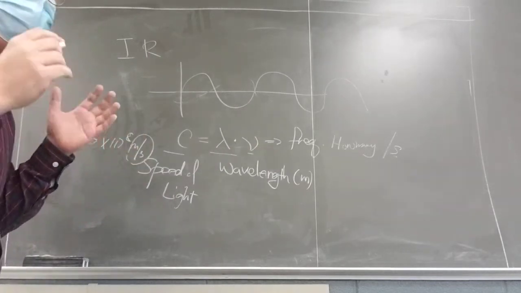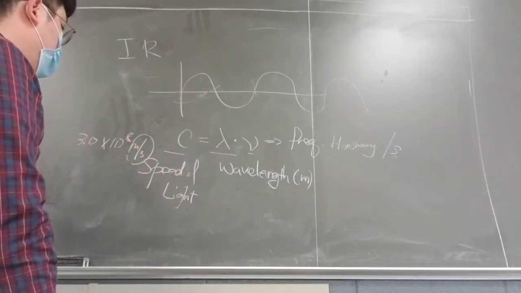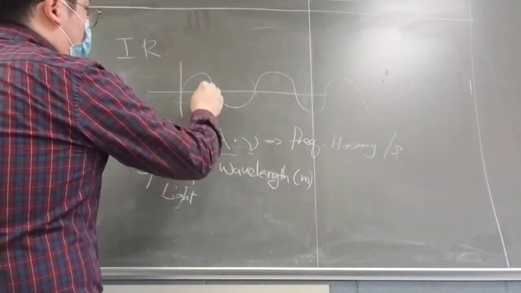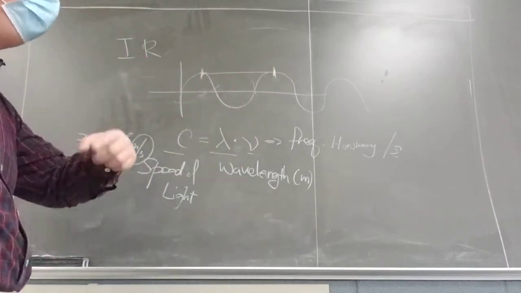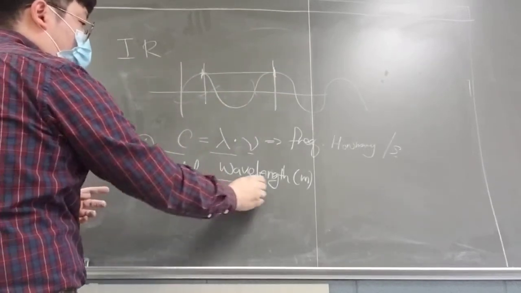Whenever they do have a wave property of the light, we learn about this duality of the light with matter, but one of them is obviously the wave. So if that comes from here to here, it makes one wave, and that is the length of one wave. So we call that wavelength.